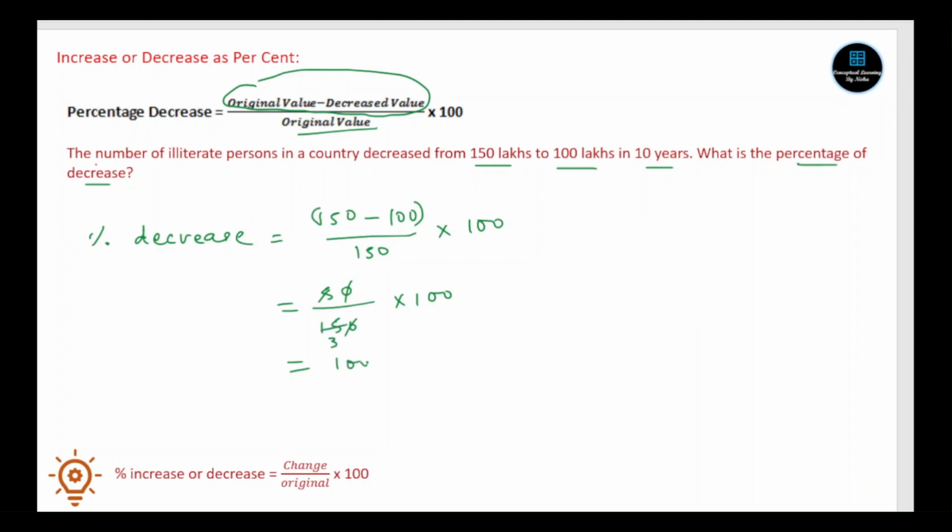So 100 upon 3. You can write this in mixed fraction form. So 33 1/3% is decreased. Okay, this much decrease in population. Alright, great.